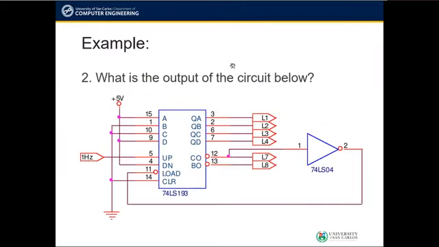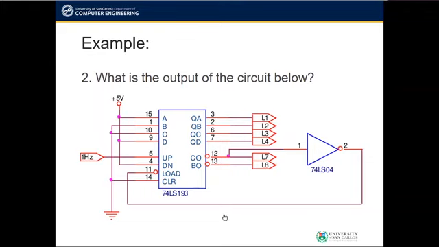So for the next example, let's try again to analyze what the output counts of this counter configuration will be. This counter will simply output 1001 here, or binary 9 continuously.